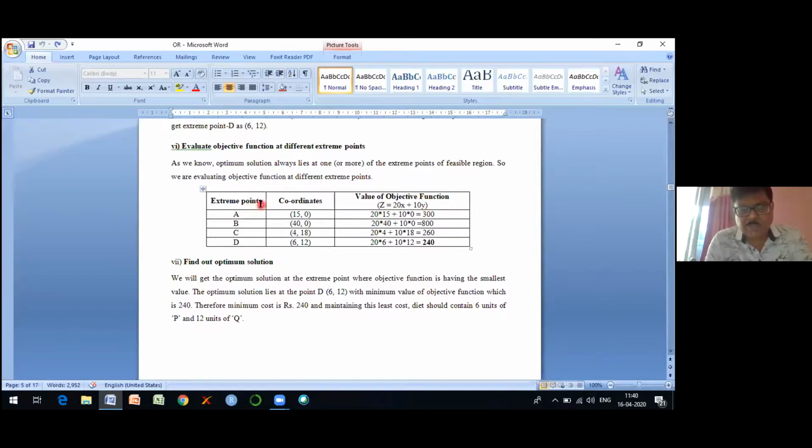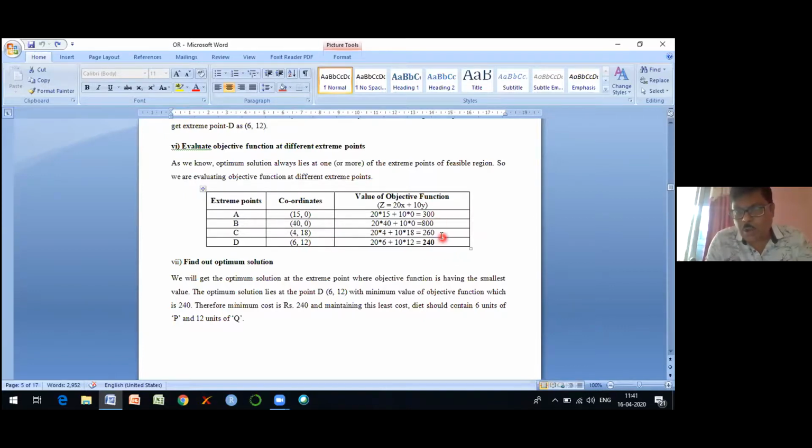The extreme points we have considered are 15, 0 and 40, 0, and these are the two intersection points 4, 18 and 6, 12. If you put the values of x and y in this objective function, then here we are getting 20 into 15 plus 10 into 0 equal to 300. In the second case, we are getting 800. In the third case, we are getting 260. And in the fourth case, we are getting 240.